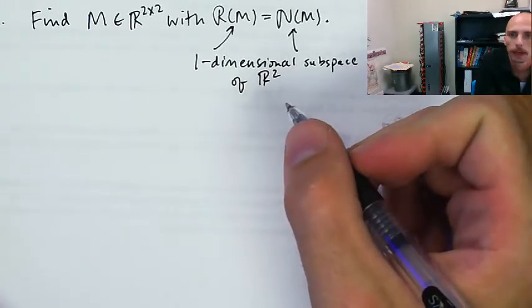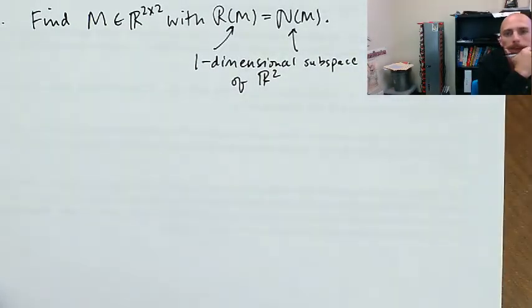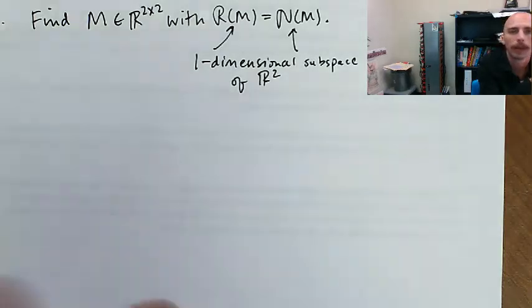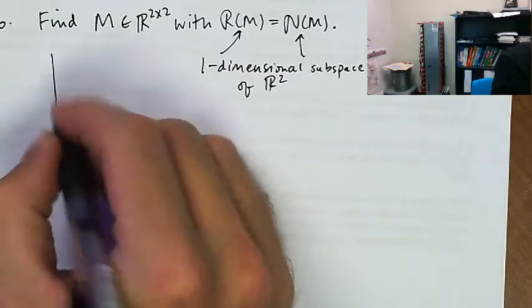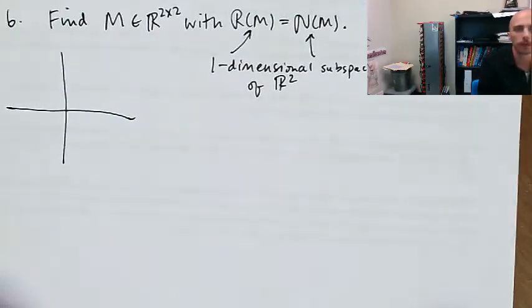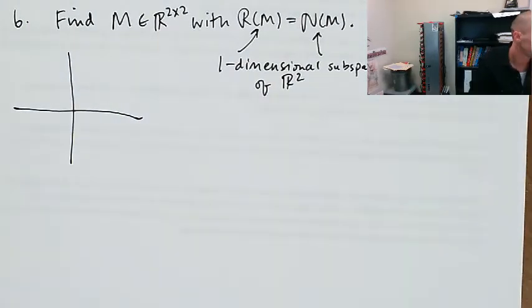Then I'm going to just need to decide what the range and the null space will be.